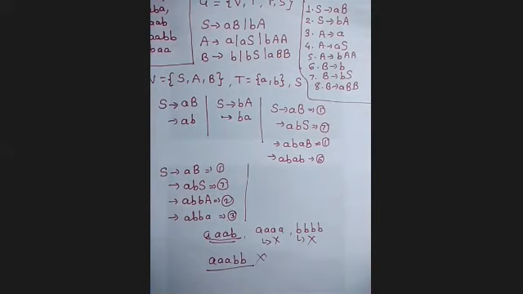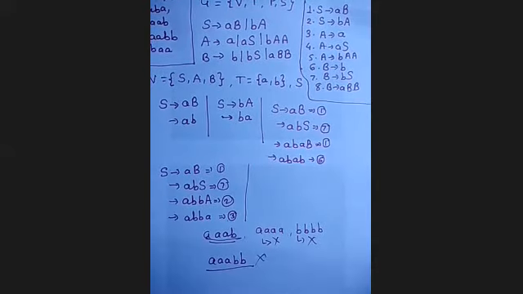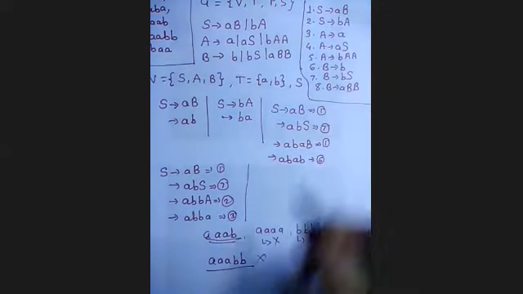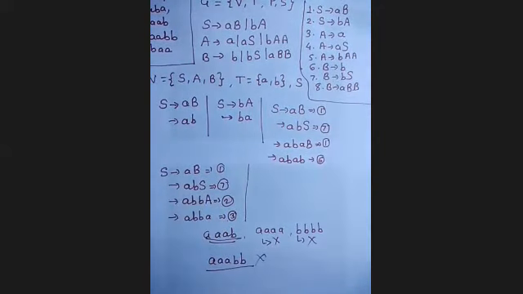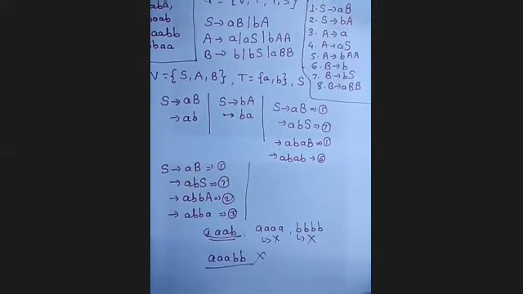Tell me any string of length 5 that you can derive using these rules. You know the 8 rules there. Any other string of length 5, can you derive? That is my question. If not, then we'll go for the strings of length 6.